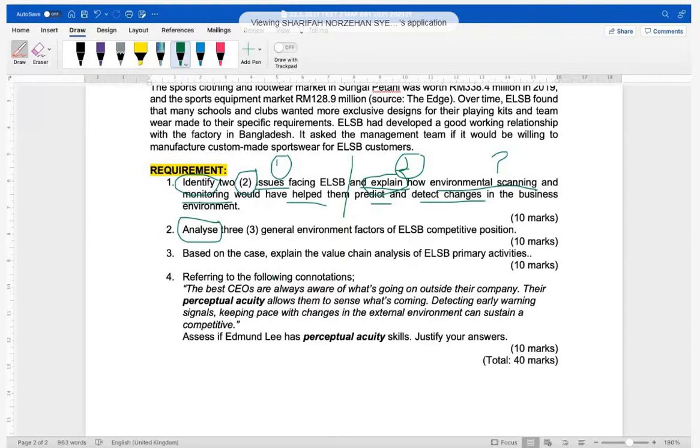So after that, you're supposed to be explaining about environmental scanning. Divide your answer into two parts. Identify, and then the next part would be explain. So it's good to have the first part, which is to identify.